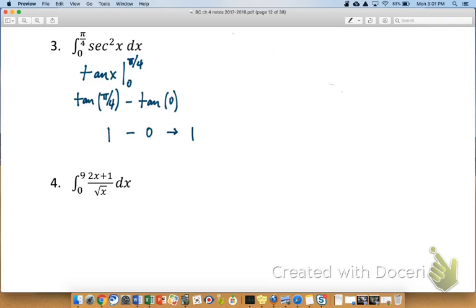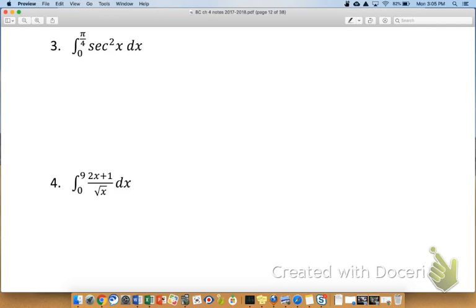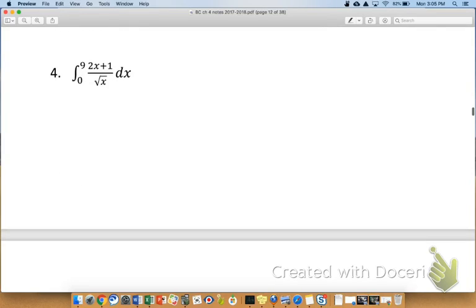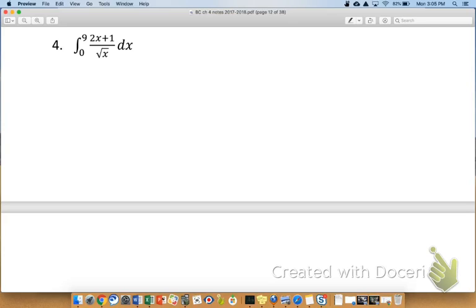Aiden, your question? Is it fine to write capital F of x equals tangent x, or do I have to do it some other way? Great question. I would say the way that you have presented that is good. You have defined what capital F means, and then you've used that accordingly. First of all, I see nothing wrong with what you've done here. I think it's great.